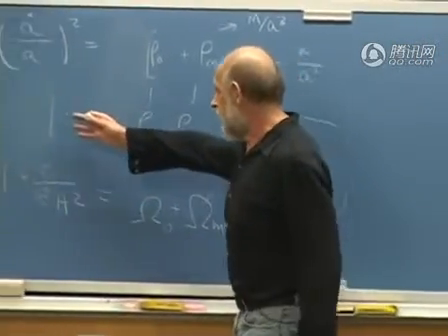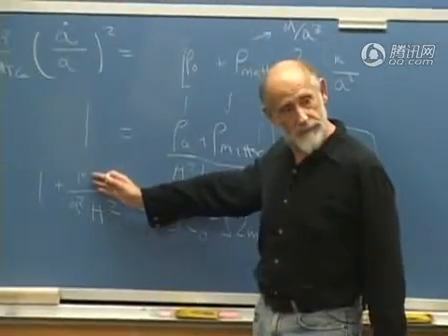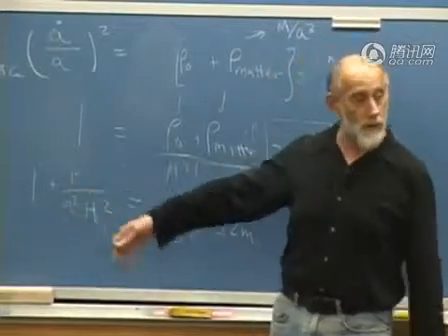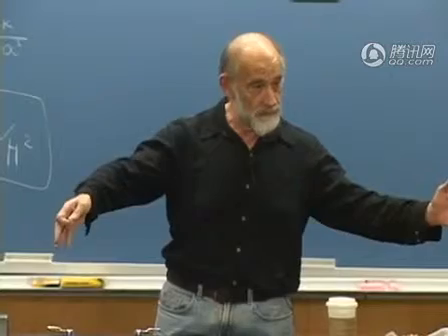Indeed, they add up to about 1, and that tells us that space ought to be flat. And then you measure the curvature of space by triangulating it, and you find that it's flat.